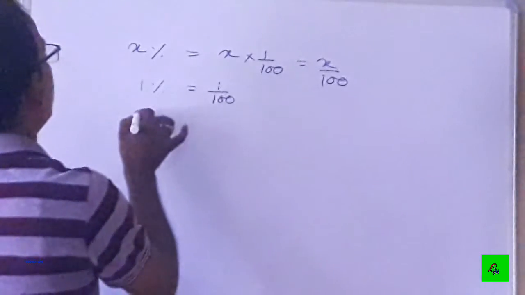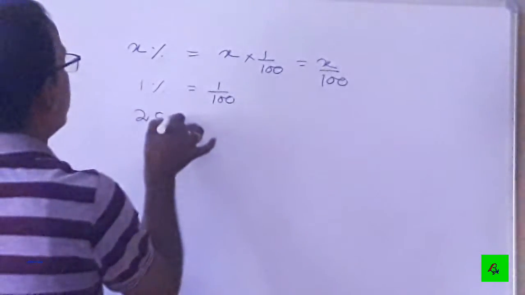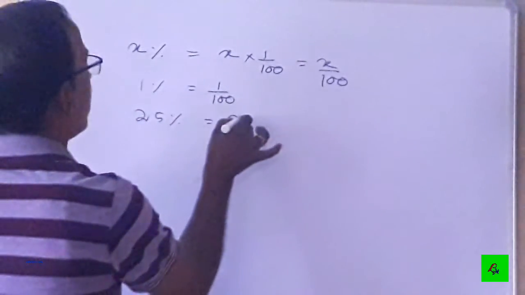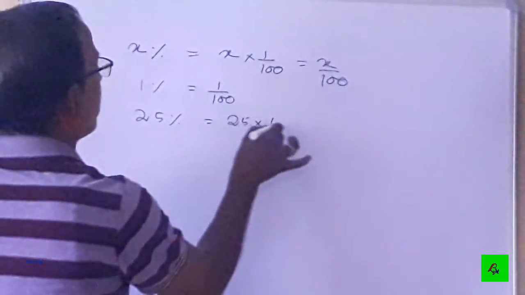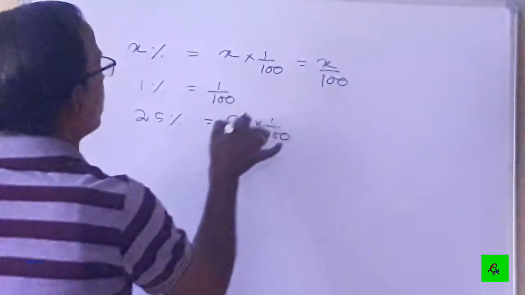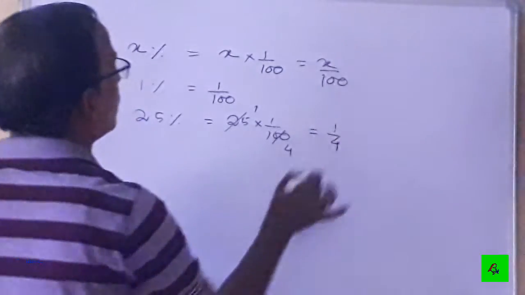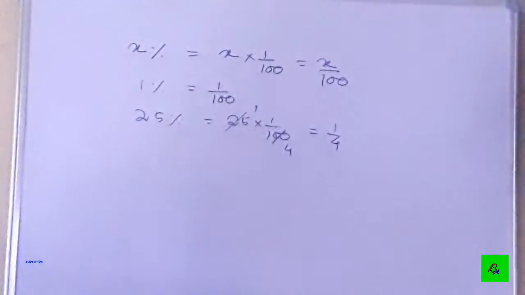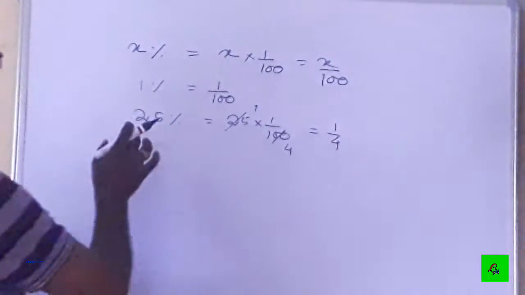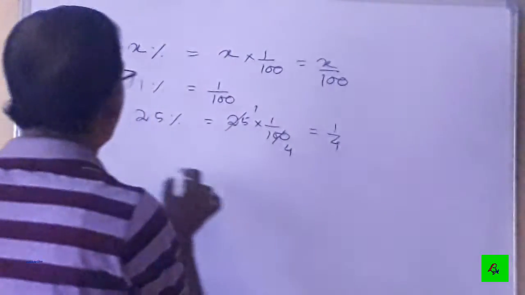Similarly, 25% equals 25 into 1 by 100, that's 25 over 100, which is equal to 1 by 4. So 1% is equal to 1 by 100, but 25% is equal to 1 by 4.